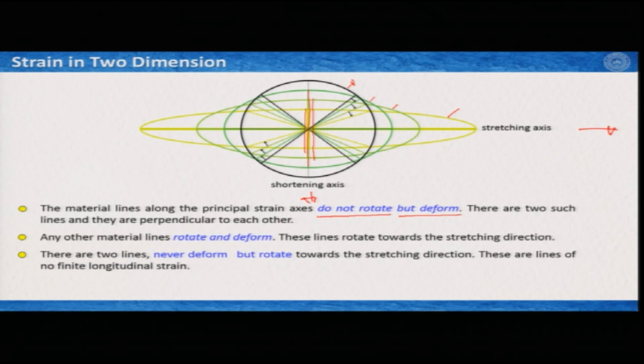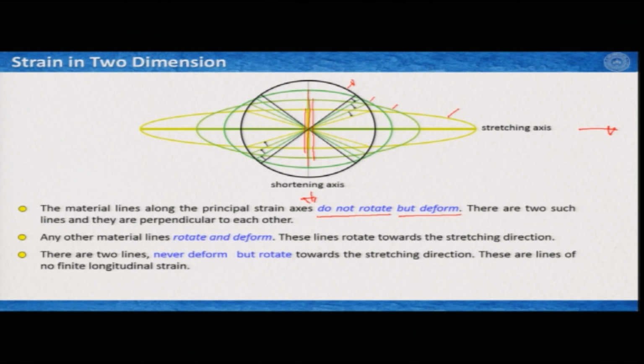Interestingly, there are two other lines that never deform but rotate. Therefore, they always define the diameter of the primary or initial circle.